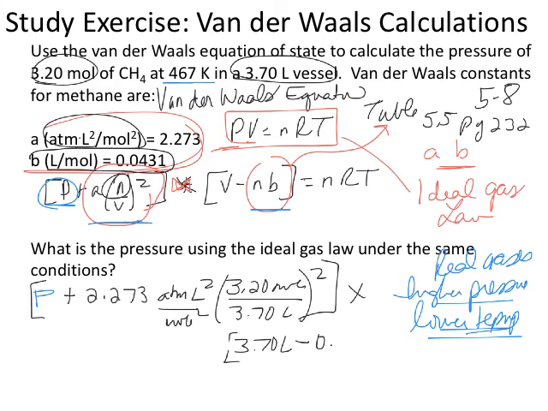Oh, wait a minute. Let's do N first. How many moles do we have? 3.20 mole times 0.0431 liter per mole. The moles cancel out, and this is a liter minus a liter.